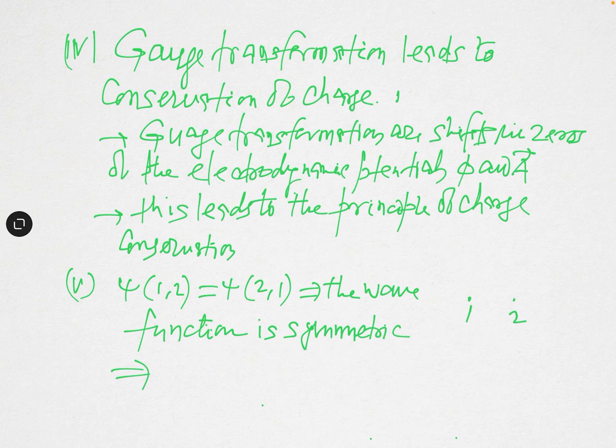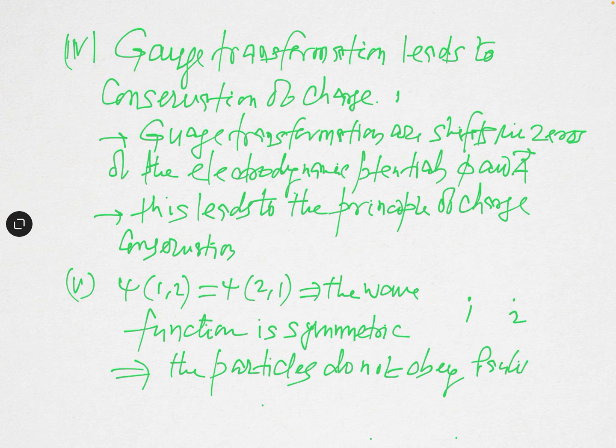And if the wave function is symmetric, then you can say such a particle for which the wave function is symmetric does not obey Pauli's exclusion principle. So this implies the particles do not obey Pauli's exclusion principle.